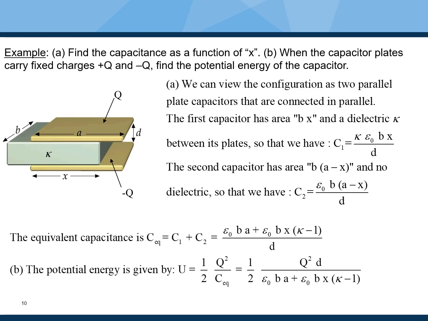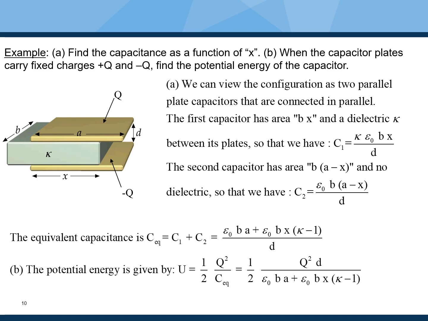Now let's go ahead and focus on this other problem. Notice that in this other problem, we have a situation where we have an upper plate with dimensions a times b. It's a rectangular plate, and a lower plate, again, with dimensions a times b.